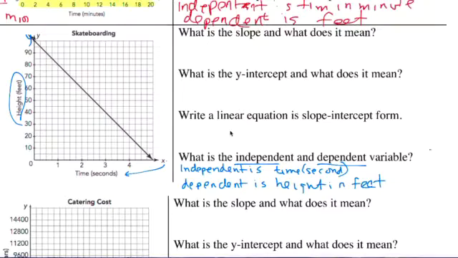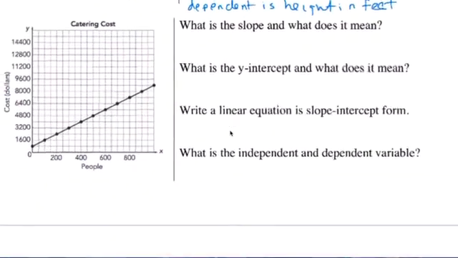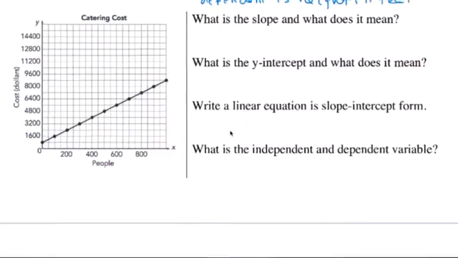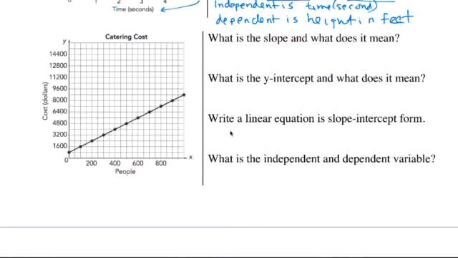Again, for this one, the independent is x, how many people, and the dependent is cost in dollars, which is the y.